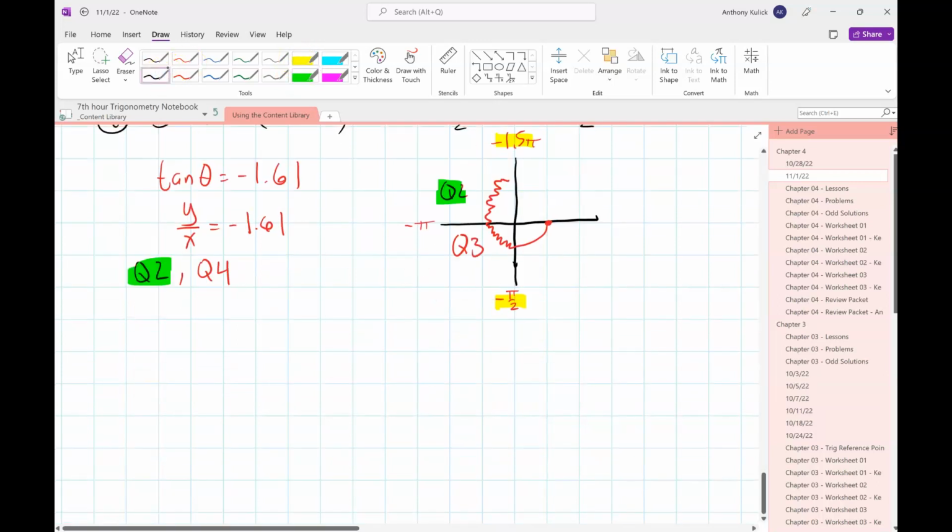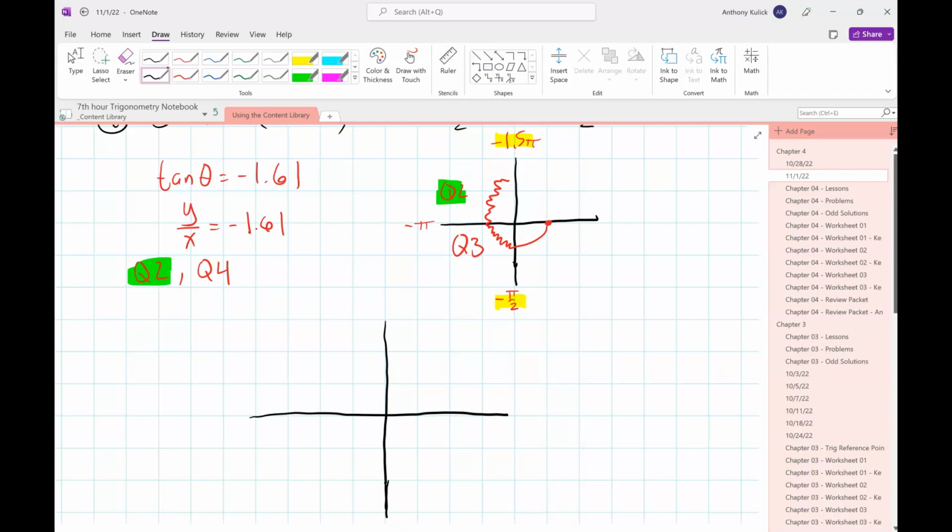So draw our picture. Initial side, quadrant 2. But which way? I don't care what it looks like.